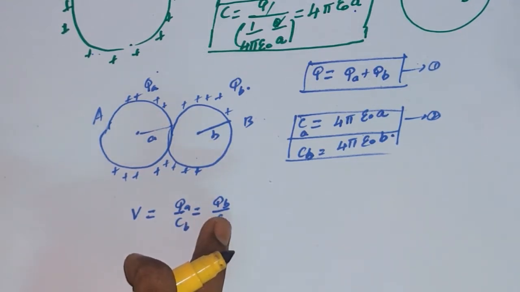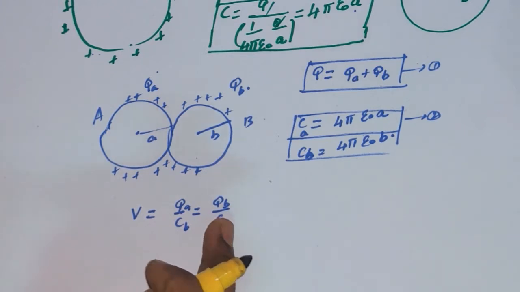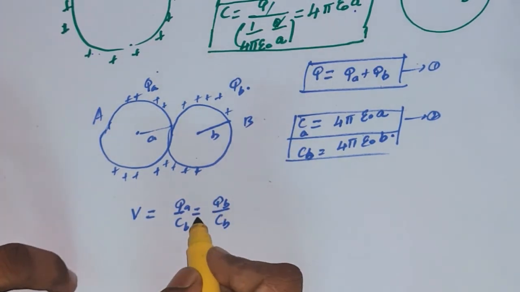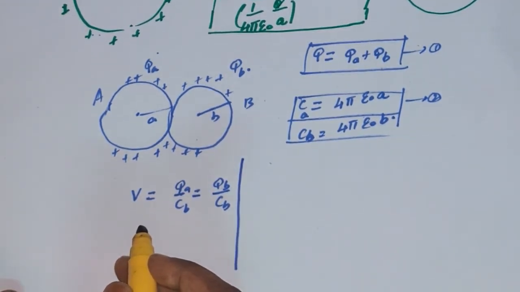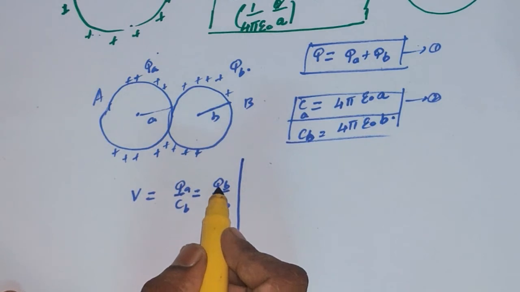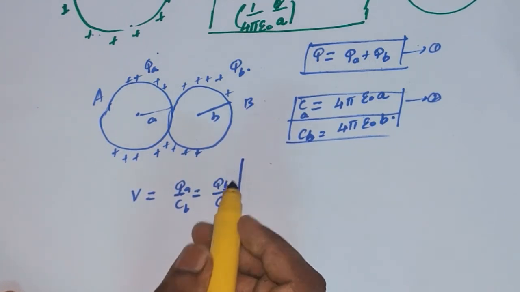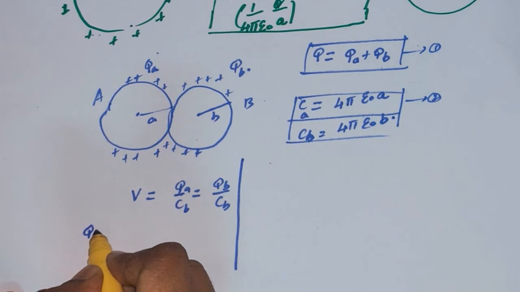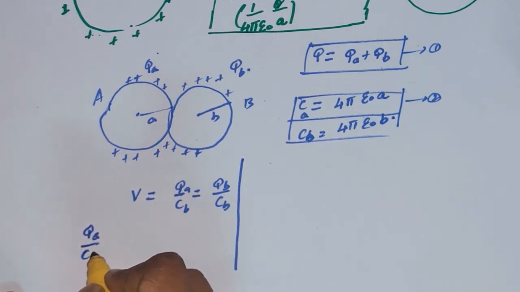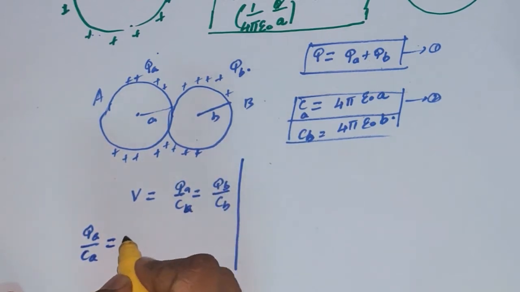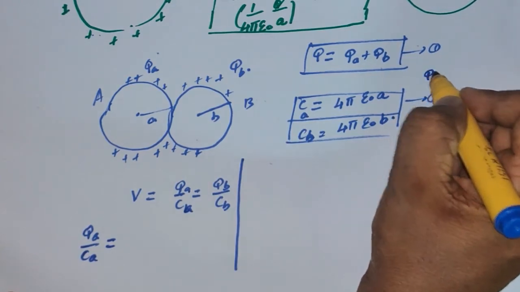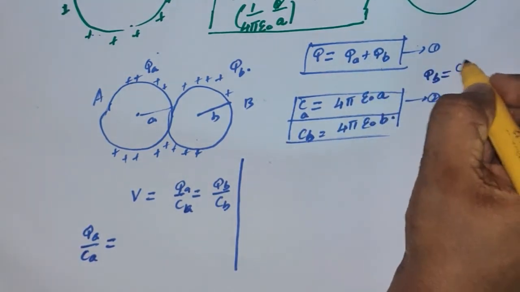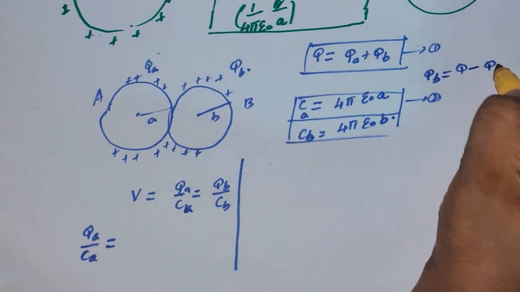They are asking for the final charge on sphere A, so we need to write this equation in terms of QA. That means QB also has to be converted into QA. Using the charge conservation equation, QB equals capital Q minus QA.